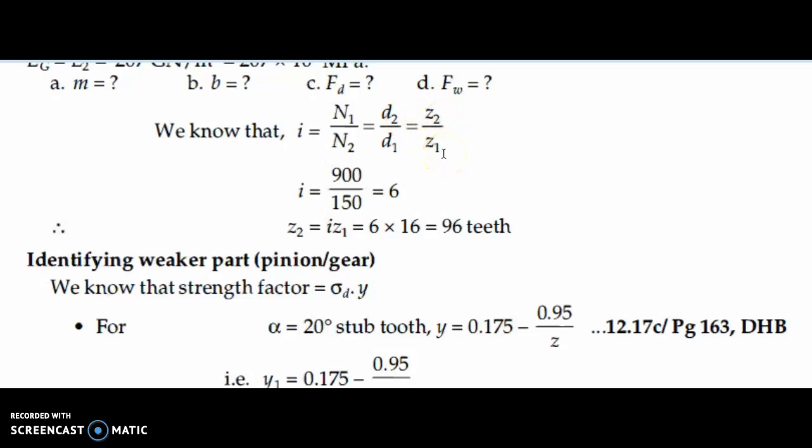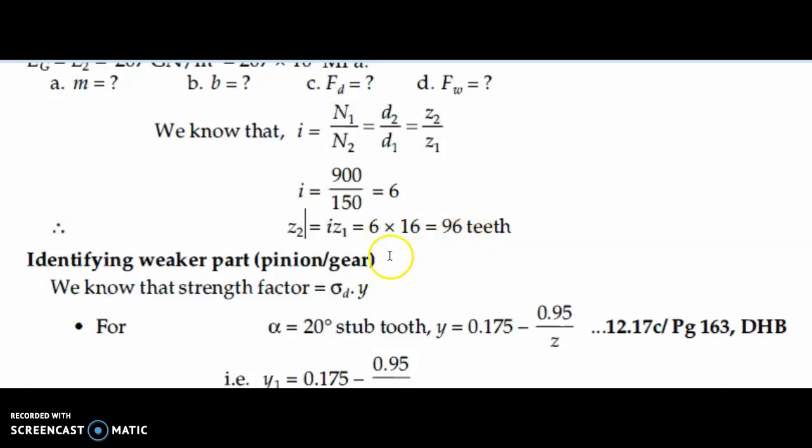Thus we can find Z2, which is i into Z1. The value of i is 900 divided by 150, that is 6, into 16. So we get the number of teeth on the gear as 96.